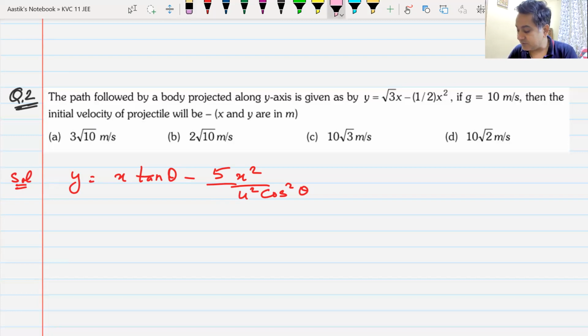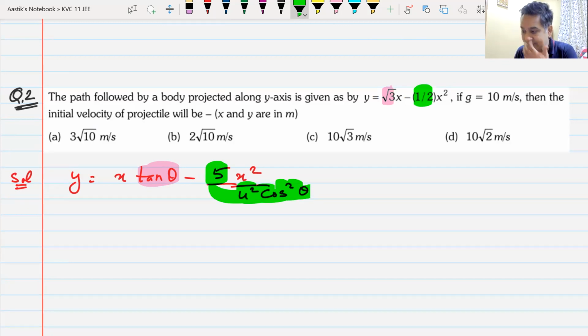I compare terms. Tan theta becomes equal to root 3, so theta is 60 degrees. Then I compare the other term. Here I have half, and here I have 5 by u square cos square theta. Yes or no?